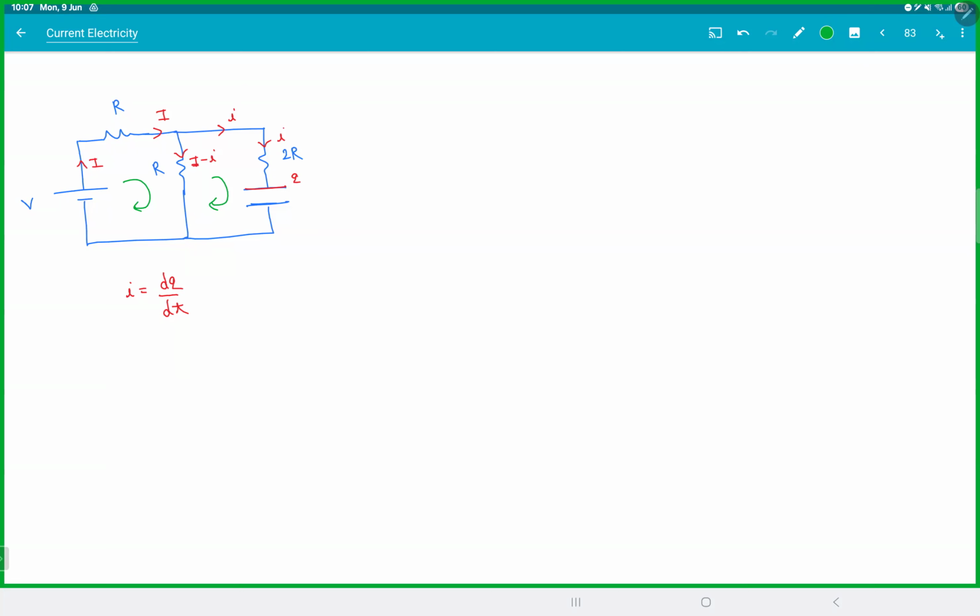Look, if you put t equal to 0, you should get 0 initially. Initially the capacitor was empty. And the time constant is also messed up. That is wrong anyway. Check your equations. V minus IR minus (I minus i) into R is 0.